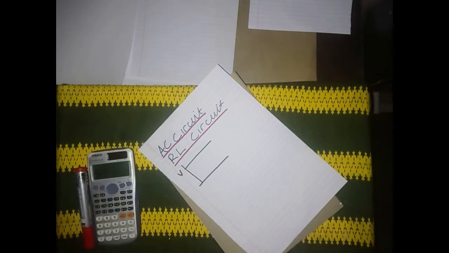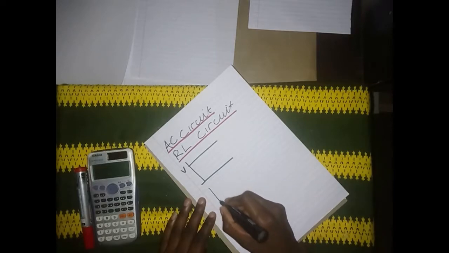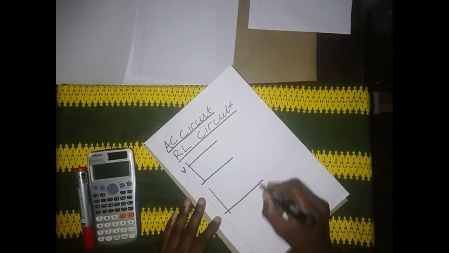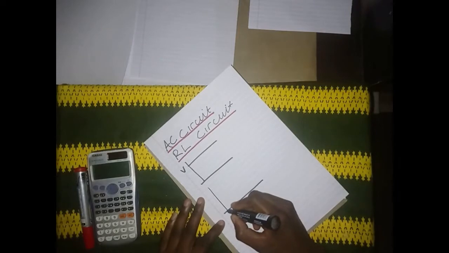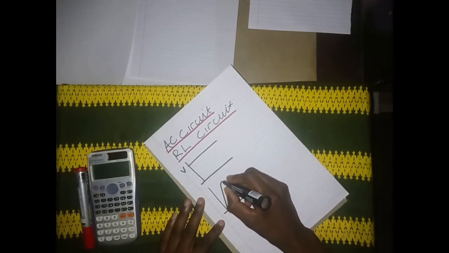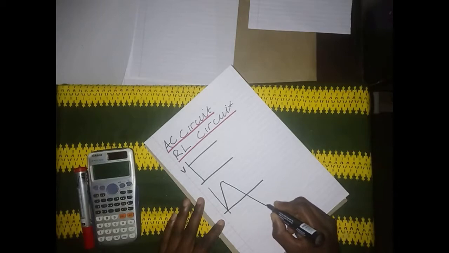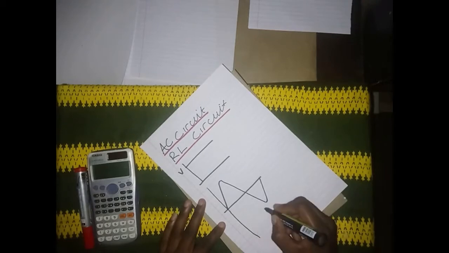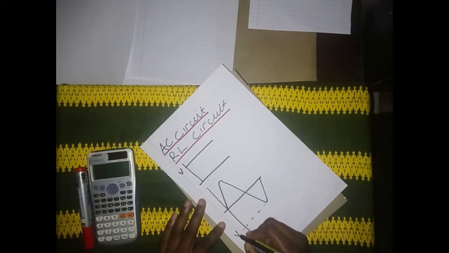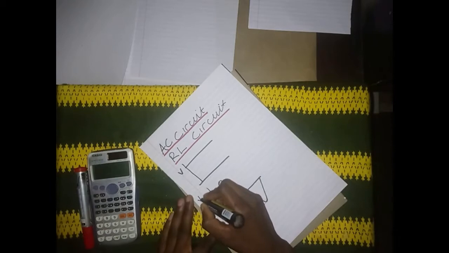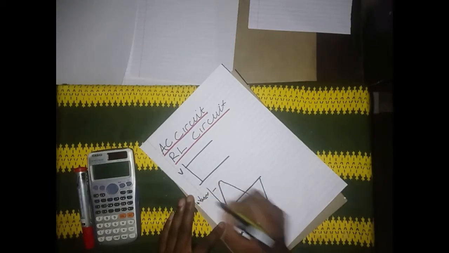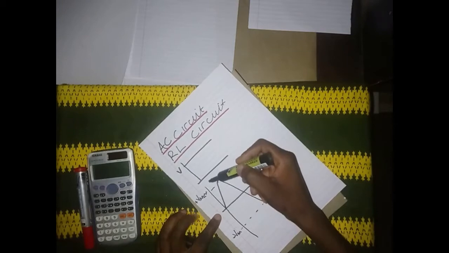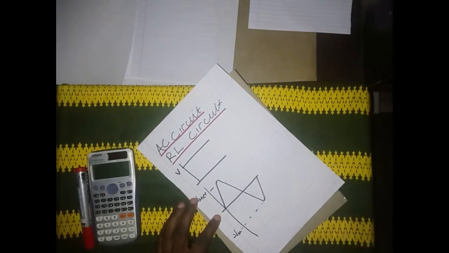There is no change in voltage or current. But when we come to AC, it's going to flow to a maximum positive value and to a maximum negative value. So this is Vmax, negative and positive, from the positive y-axis to the negative y-axis.